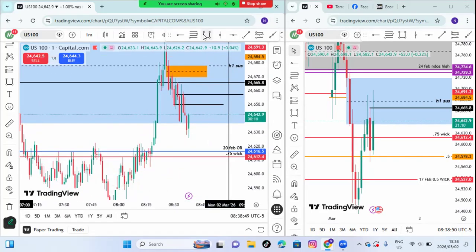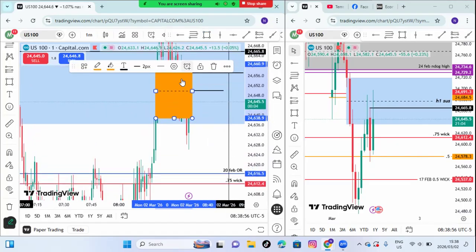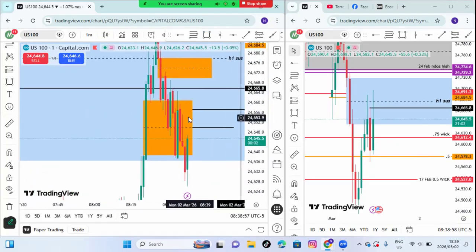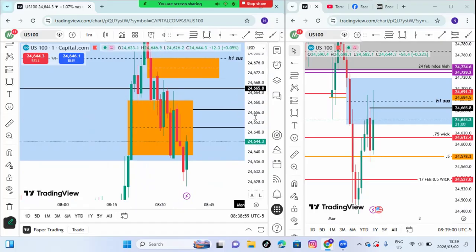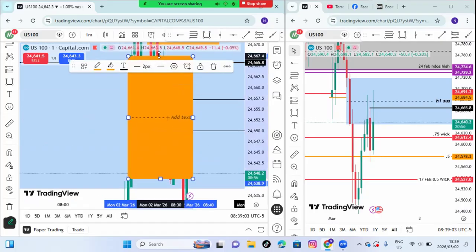And now I'd like to see this fair value gap here hold price as an inversion fair value gap, right? There we go.